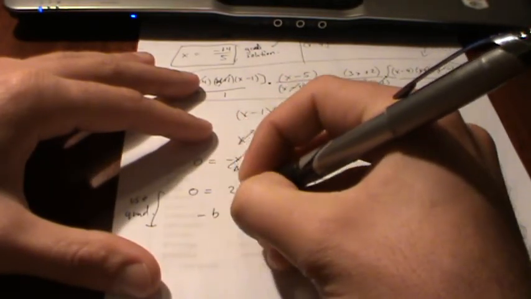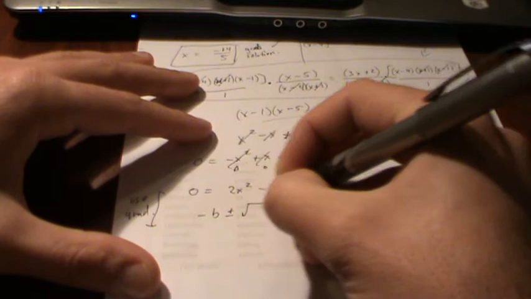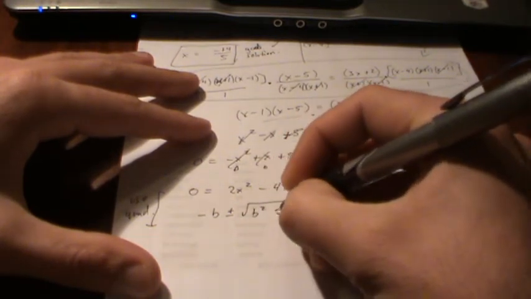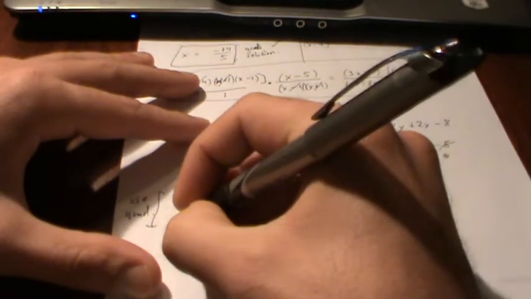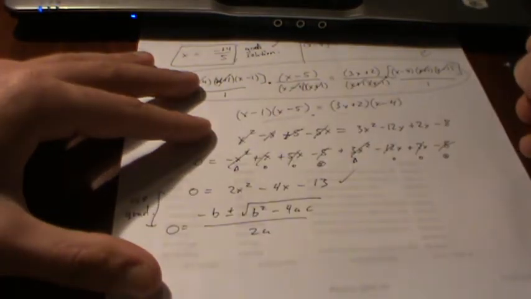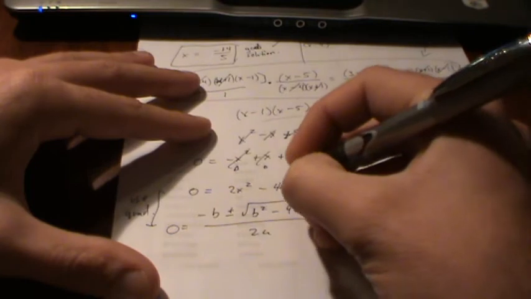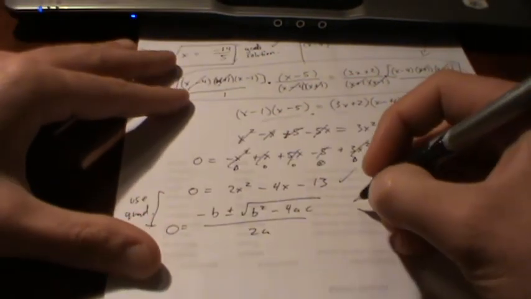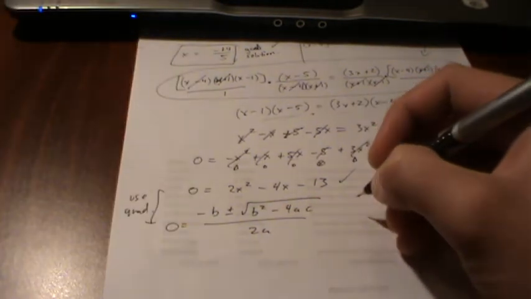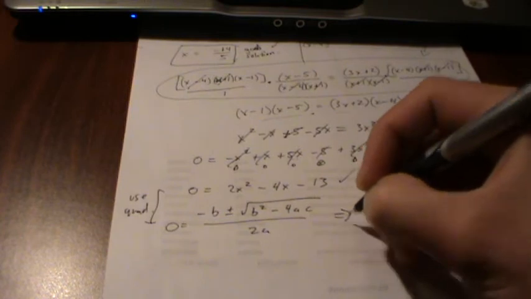So I would say negative b plus or minus the square root of b squared minus 4ac over 2a. And then you basically plug the a, the b, and the c into the quadratic formula. We all know how to do this, so I won't spend much time on this.